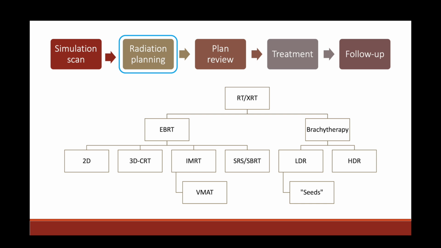A subset of IMRT is VMAT, which is volumetric arc therapy. With VMAT, we can continuously deliver radiation as a beam moves in an arc around the patient, and as that beam is delivering radiation, the MLCs are constantly moving in and out, constantly modulating the beam and conformally shaping our radiation dose to the target.